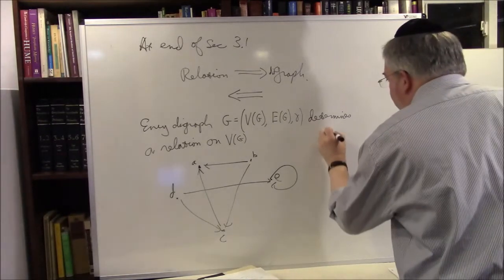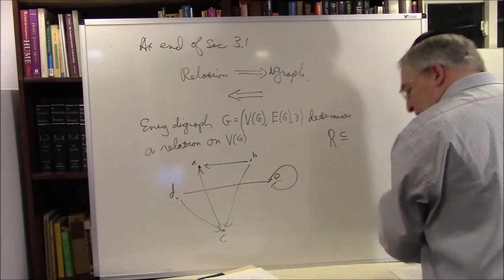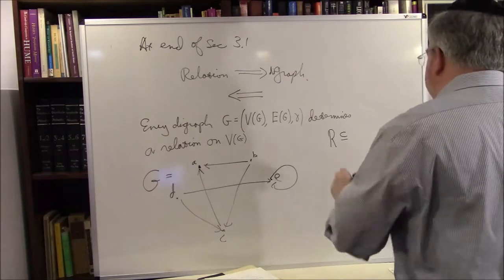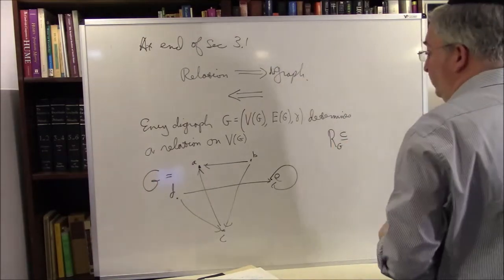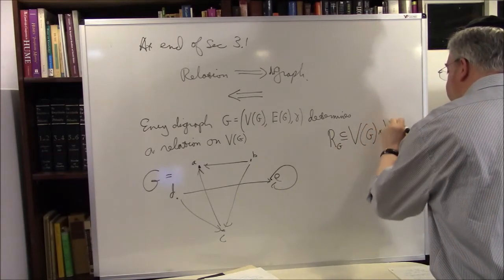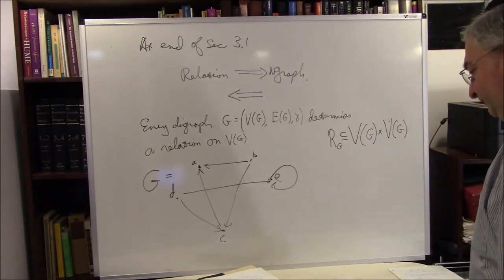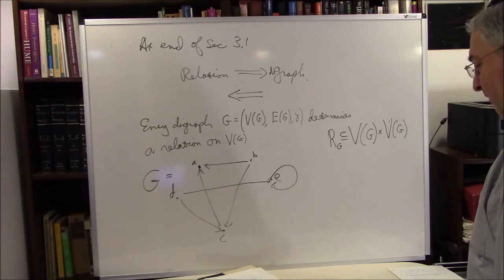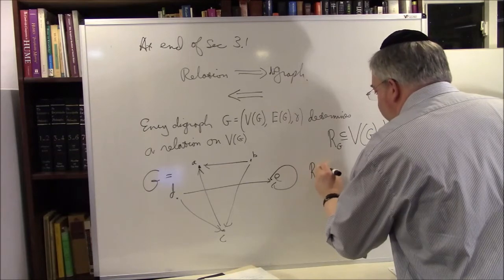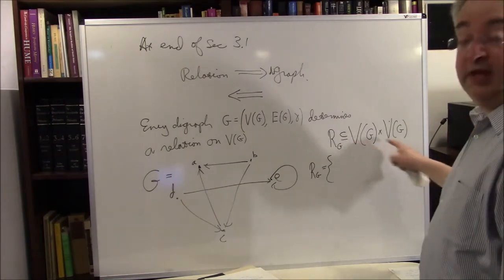We're going to have R, a relation on V of G. R is a subset of the vertices across the vertices, and we'll call it R of G. I'll tell you what R of G is. It's a subset of pairs.